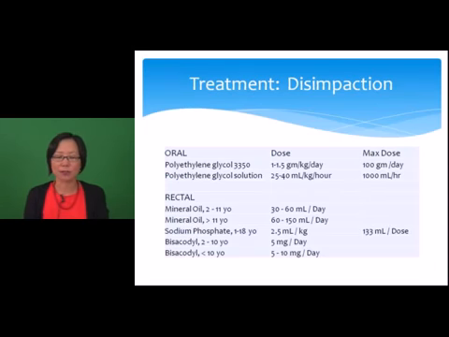So in terms of treatment for disimpaction, the North American Society of Pediatric Gastroenterology, Hepatology, and Nutrition published a clinical practice guideline this year in 2014 for the evaluation and treatment of patients with functional constipation. Polyethylene glycol, which I'll refer to as PEG, and enemas have been found to be equally effective for fecal disimpaction.